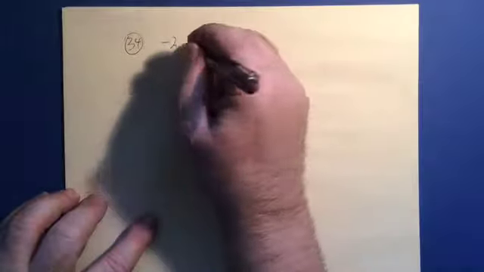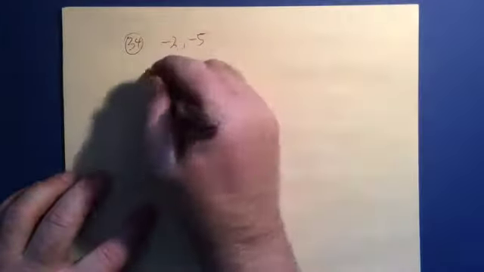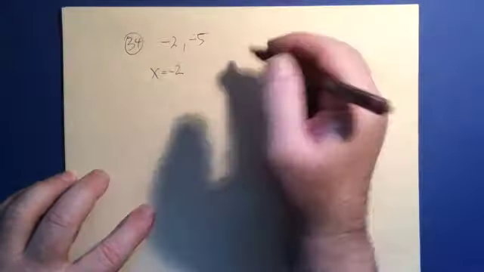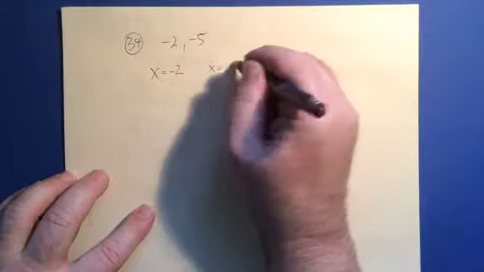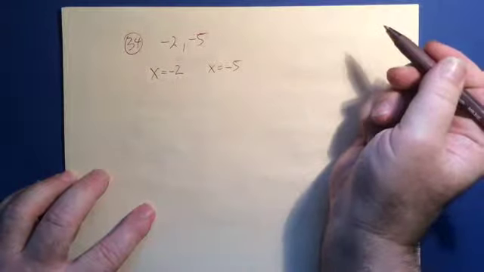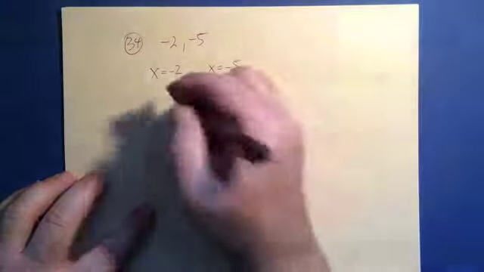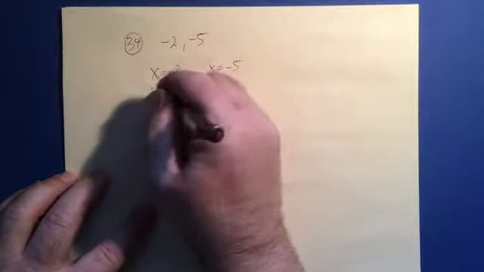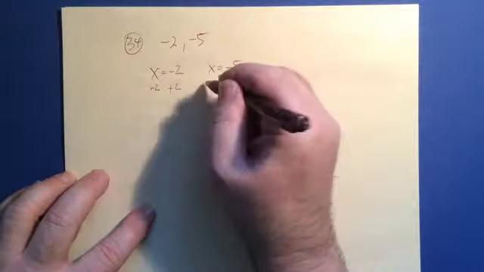So in 34, we have two solutions, negative 2 and negative 5. If these are two solutions, then we can say that x is equal to negative 2 and that x is equal to negative 5. I'm going to get these equal to 0 now, so I'm going to add 2 to both sides, and here I'm going to add 5 to both sides.